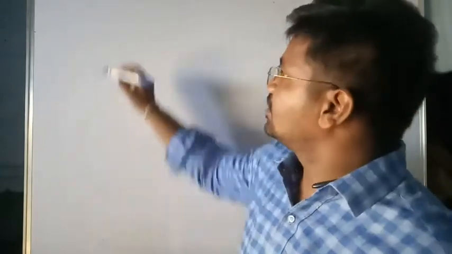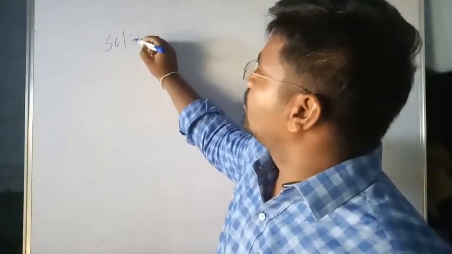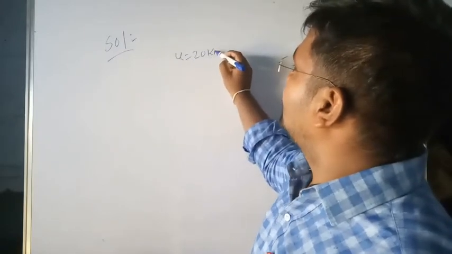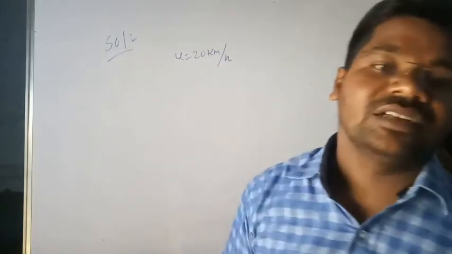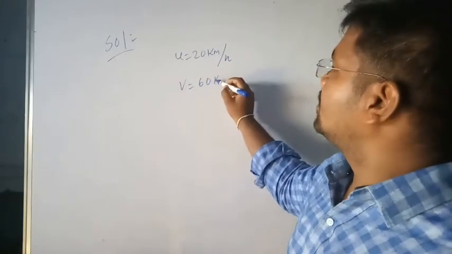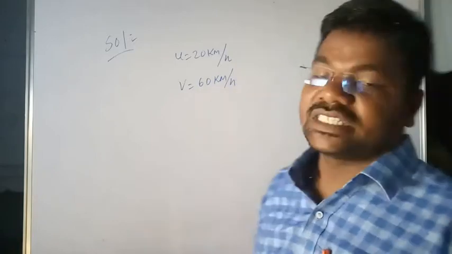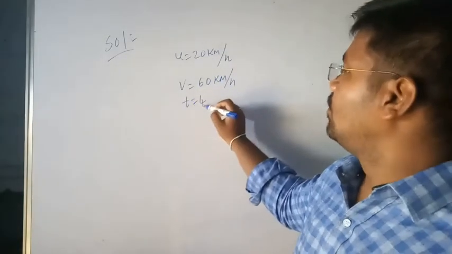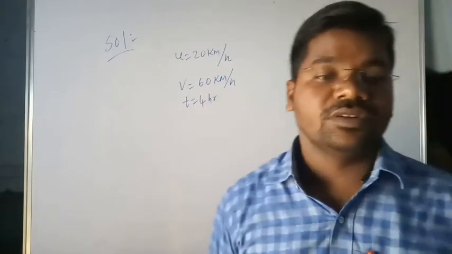In this problem they gave u is equal to 20 kilometer per hour, then final velocity v is equal to 60 kilometer per hour, and time is equal to 4 hours.